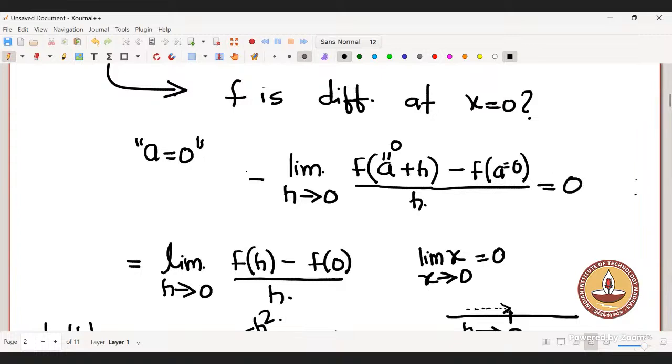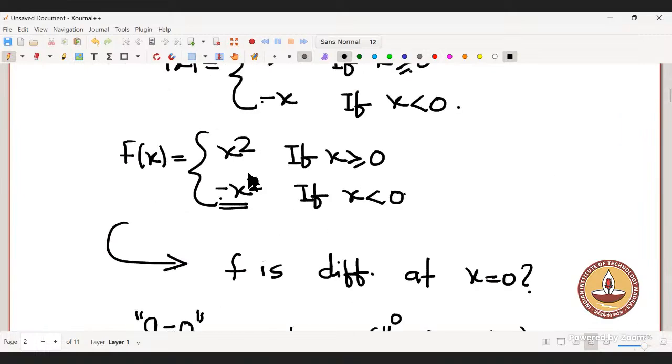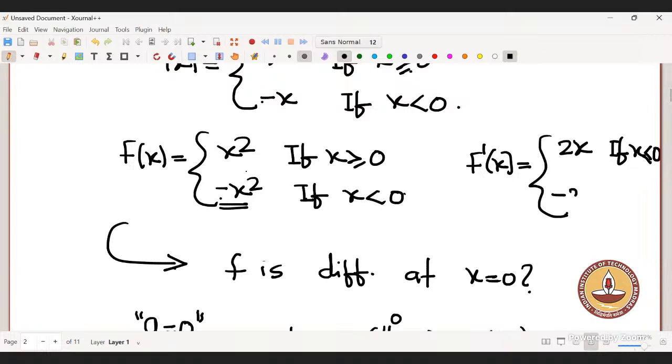And this is your f dash of 0. So now you can easily find the derivative. If you differentiate, what you will get? If x is less than or equal to 0, because at 0 it's 0, so if you substitute 0 also you are getting 0, no problem, this is minus 2x.